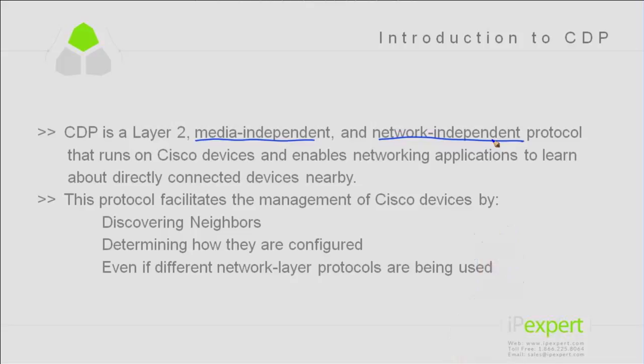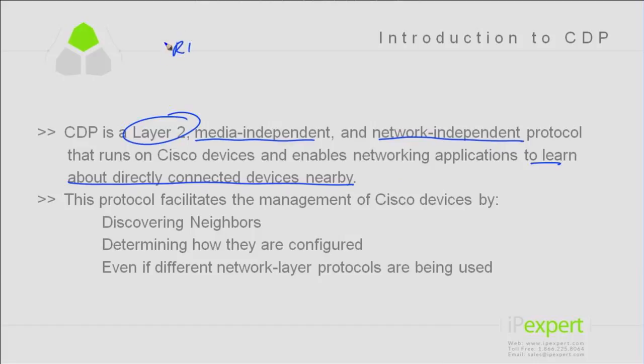Now, when we look at this by the numbers, what we realize is that CDP operates at layer 2. Its primary purpose is to give us the ability to learn about directly connected devices that we are actually hooked up to.